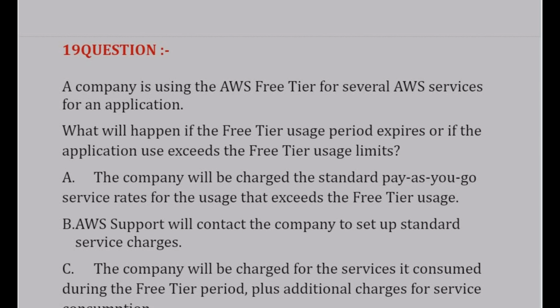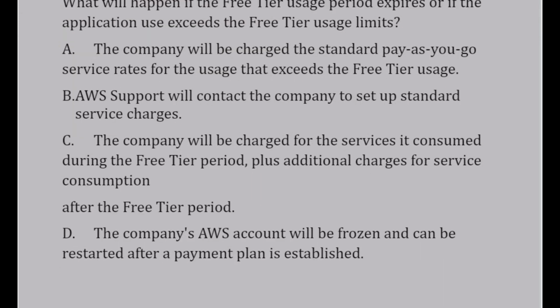Option B. AWS Support will contact the company to set up standard service charges. Option C. The company will be charged for the services it consumed during the free tier period plus additional charges for service consumption after the free tier period. Option D. The company's AWS account will be frozen and can be restarted after a payment plan is established. Correct answer is option B.